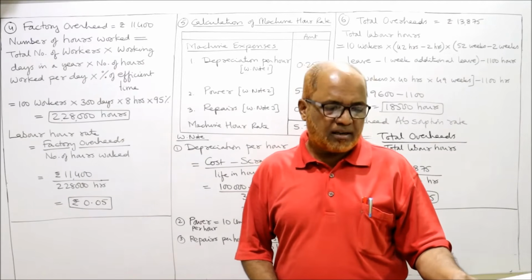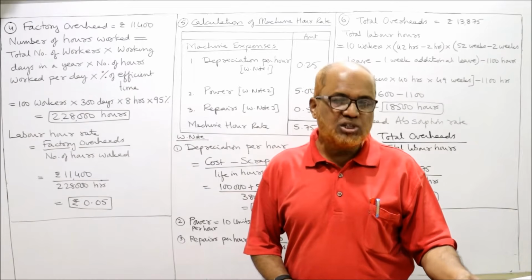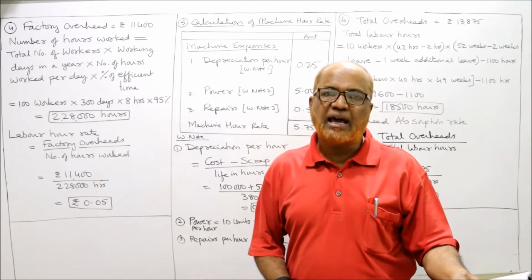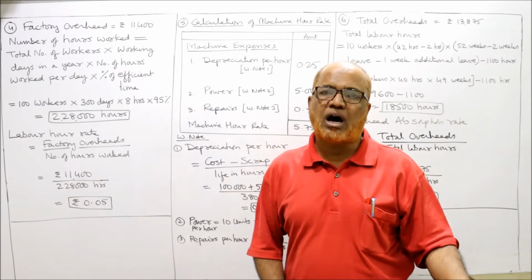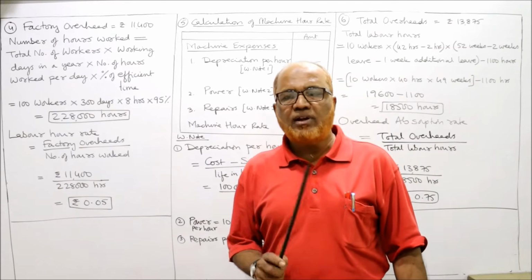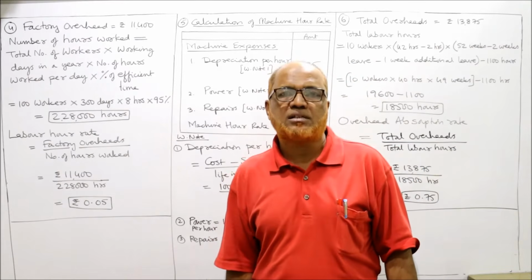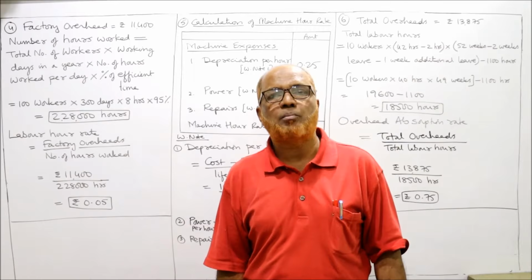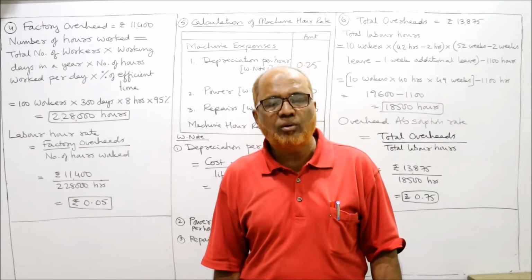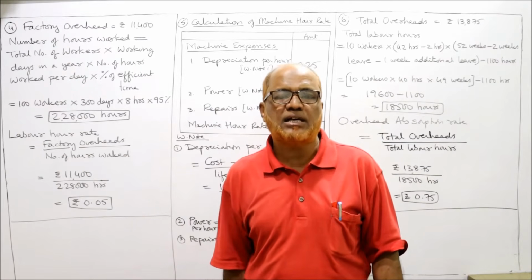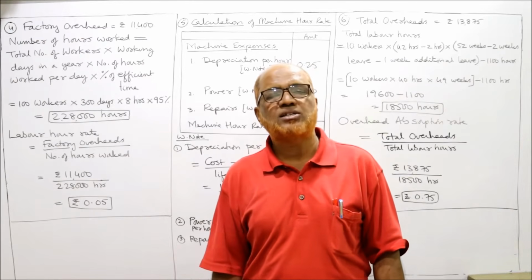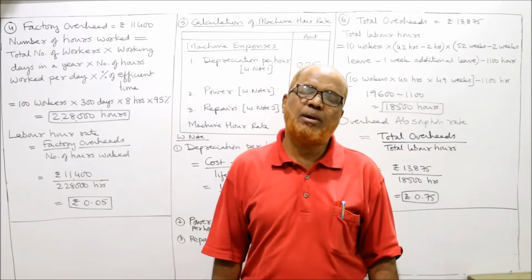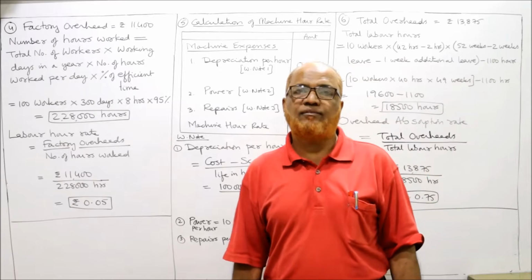Given the following information for the month of December 1997. Cost of the machine 1 lakh, scrap value 10,000, installation charges 5,000, life of the machine 3,80,000 hours. Now see here, whenever the life of the machine is given in hours, we treat depreciation as a machine expense. In the theory video, I have explained you in detail. Sometimes depreciation will be charged as standing charges, sometimes it will be a machine expense, depending on the life.